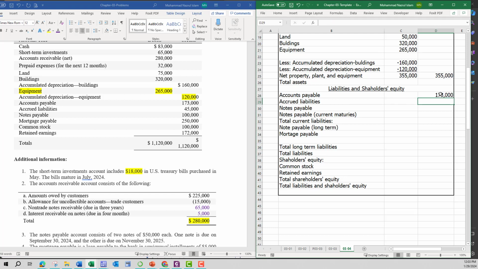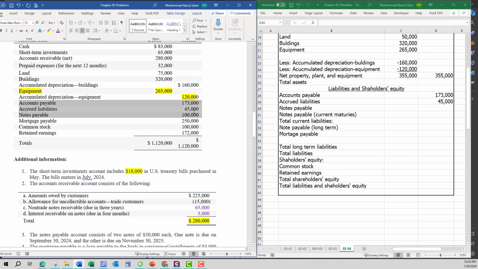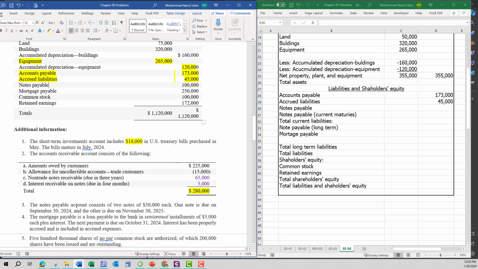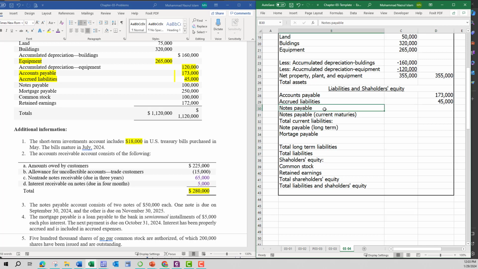Then accrued liabilities, given as 45,000. Then notes payable. We have two notes payable. One is due in September, meaning within 1 year, so it is current. So notes payable is 50,000.